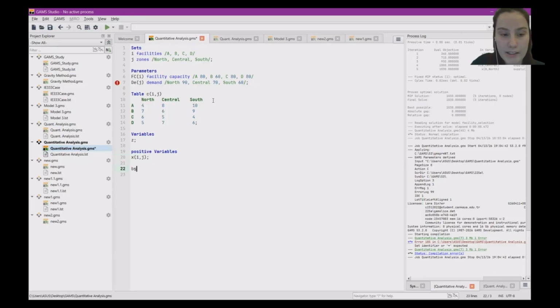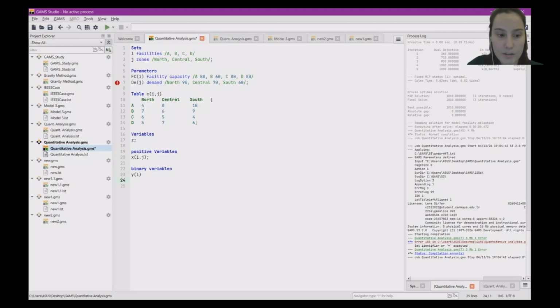Then we are going to get a binary variable. Why? Because we're opening C or not, we are opening D or not. Binary variable, and I'm going to call that Y, because it's about the facilities only, not the zone.